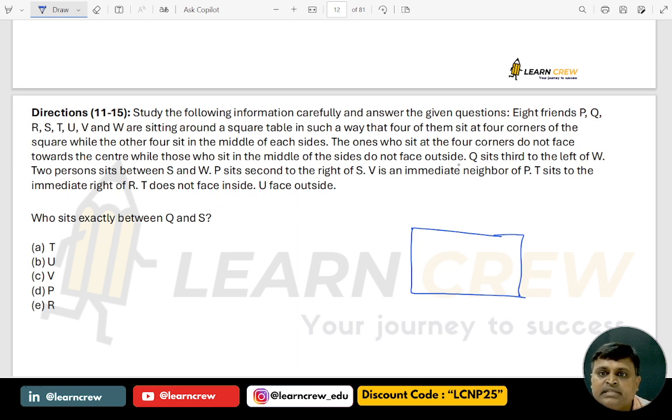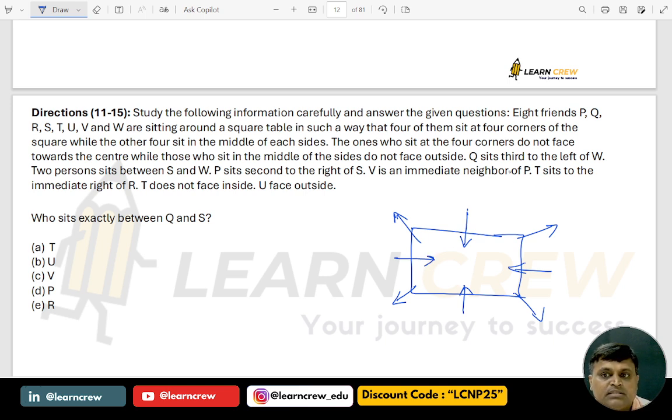The ones who sit at the 4 corners do not face towards center, they face outward, while the other 4 sit in the middle of the sides and face inside. This is what is given.